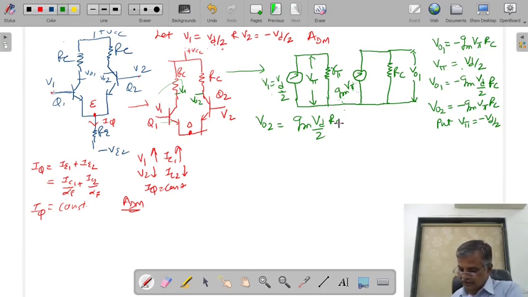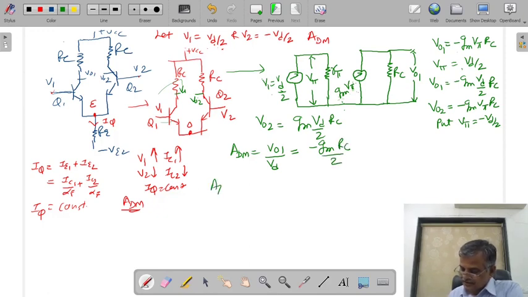What do I have to derive? I have to derive this equation. Very simple. What is ADM? VO1 upon Vd. So ADM is VO1 by Vd. This you can see here: minus Gm Rc by 2.